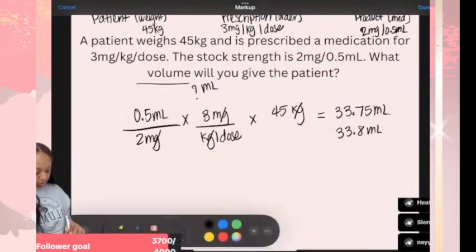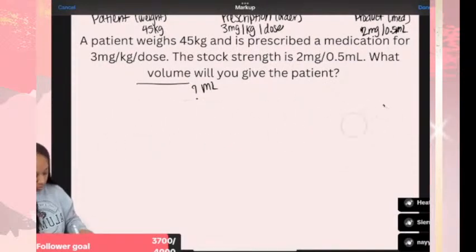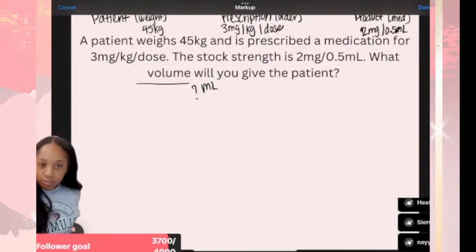If you did not want to do this in a dimensional analysis form and you wanted to use desired over have or ratio and proportion, you would of course need to take steps before you can put your milligram dose into ratio and proportion or desired over have.